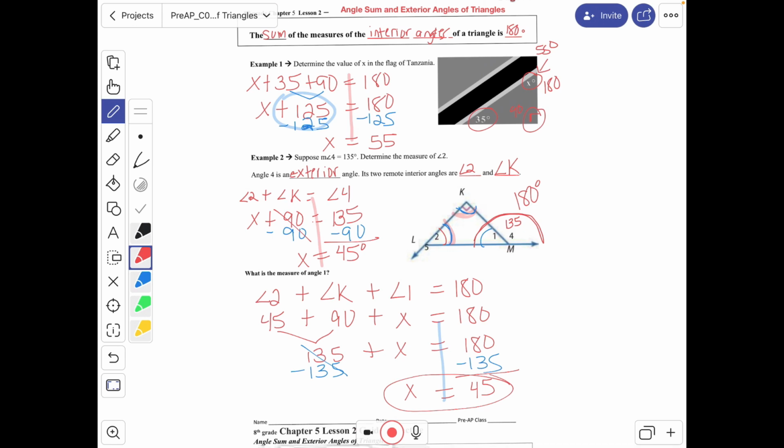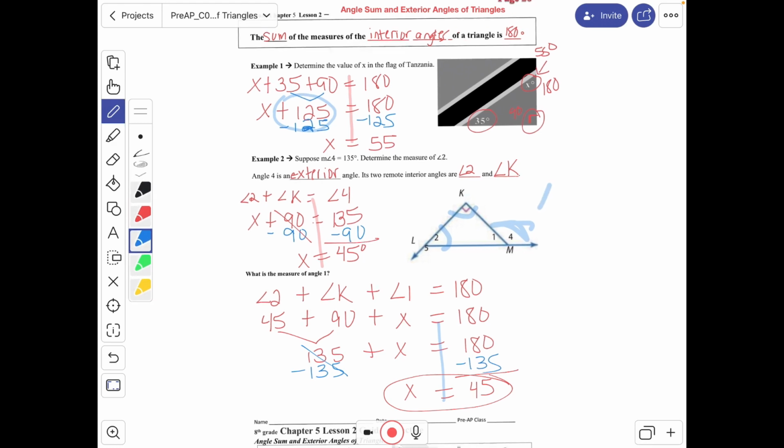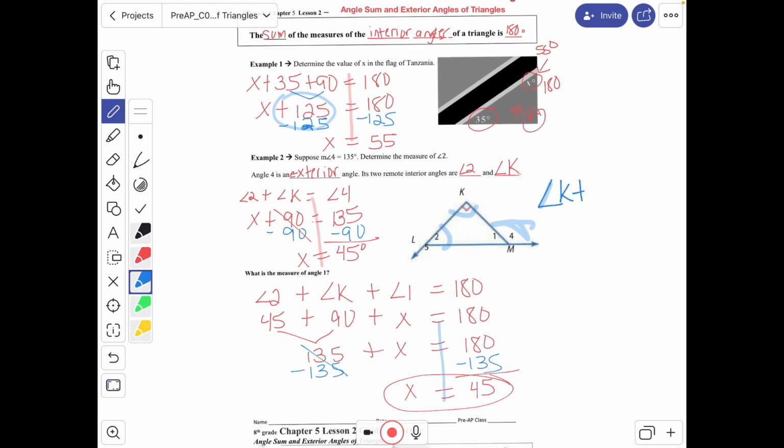So the angles that are opposite, let me get my eraser. The angles that are opposite of the exterior, these two angles are opposite of this one. They are remote, remote interior. They equal the same.